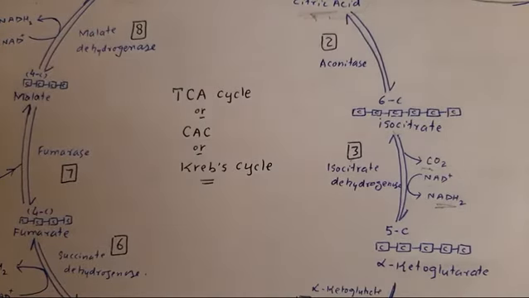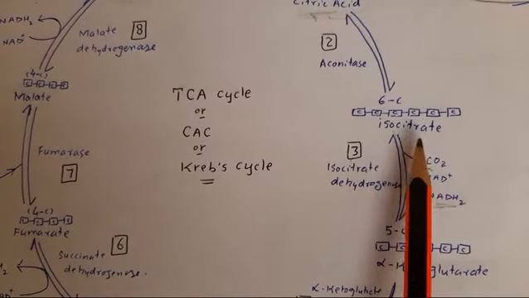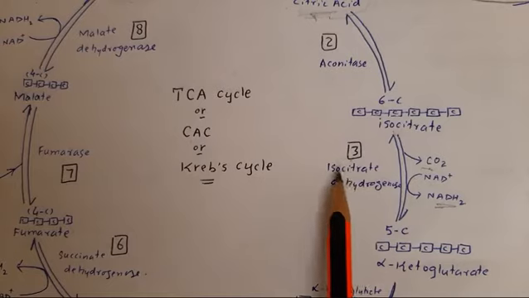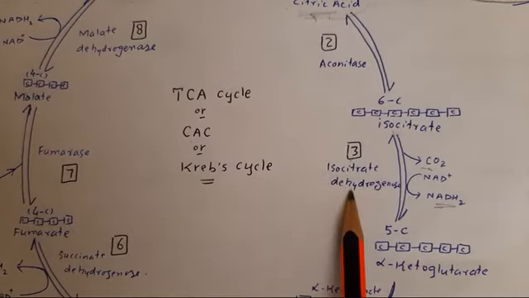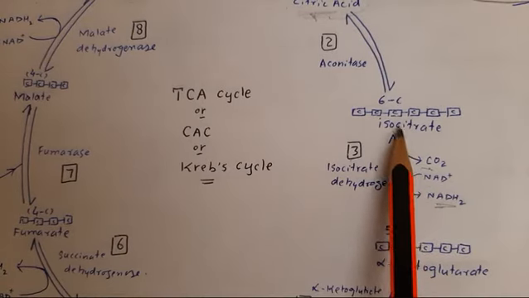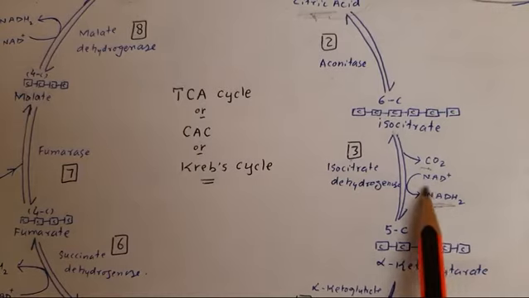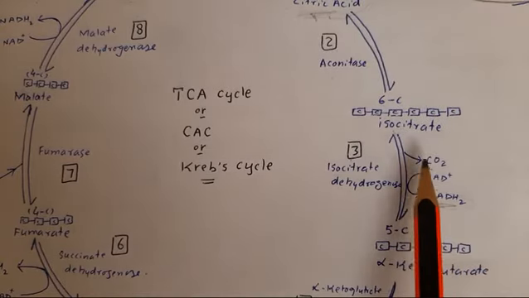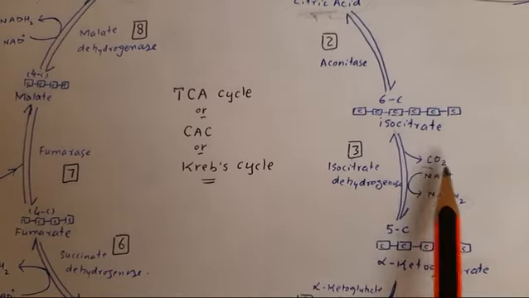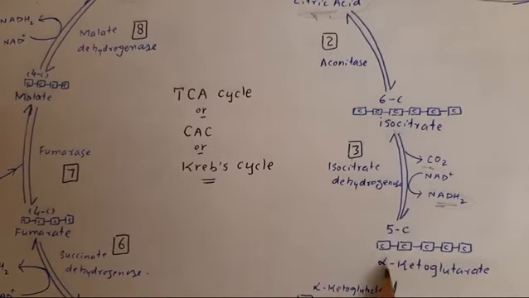So in the third step, isocitrate is oxidatively decarboxylated in the presence of an enzyme, isocitrate dehydrogenase. Oxidatively means isocitrate is oxidized, hydrogens are removed. These hydrogens are taken up by NAD, which gets reduced into NADH2, while decarboxylation means carbon dioxide is removed. So the isocitrate, a 6-carbon molecule, is converted into a 5-carbon molecule known as alpha-ketoglutarate.